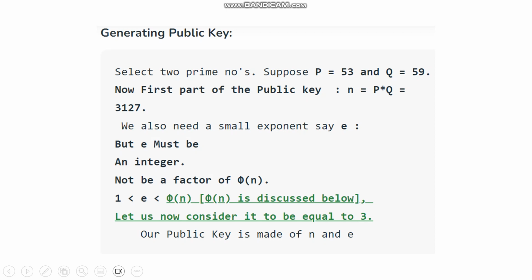Then we also need a small exponent, say e, but e must be an integer and not a factor of this function. Let's now consider e to be equal to 3. Then our public key is made of n and e.